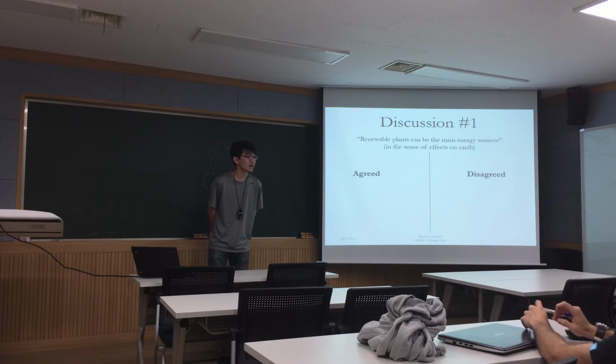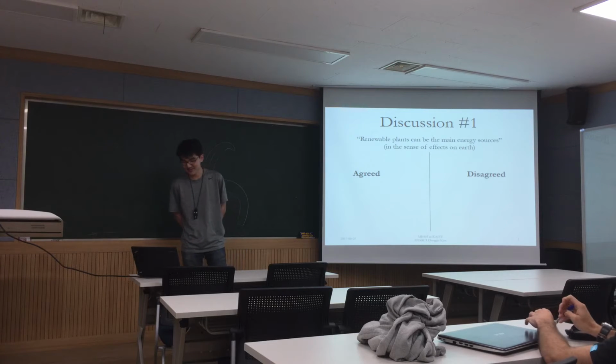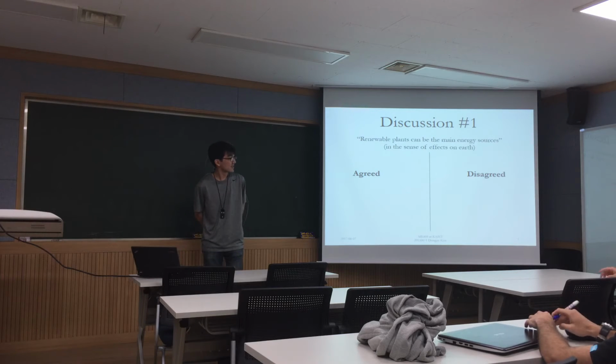Okay, thank you. And any other counter arguments? If there are no arguments, then let's go. Maybe the only disadvantage is that you need a lot of space. Yes, space. So maybe you will have some problem with the panorama because you will ruin the panorama if you use wind turbines and solar cells.